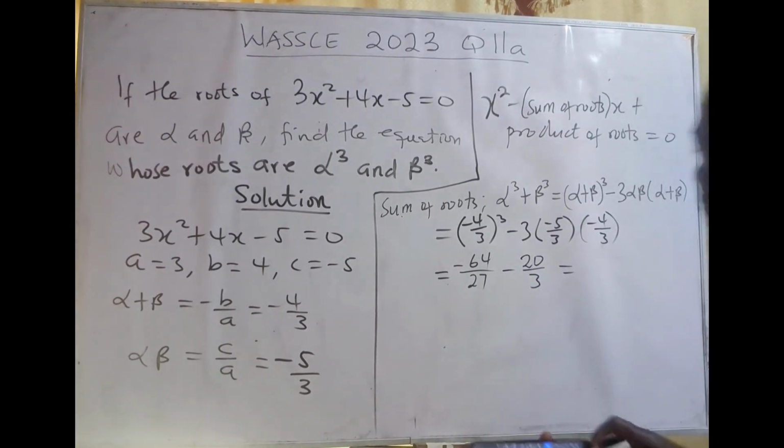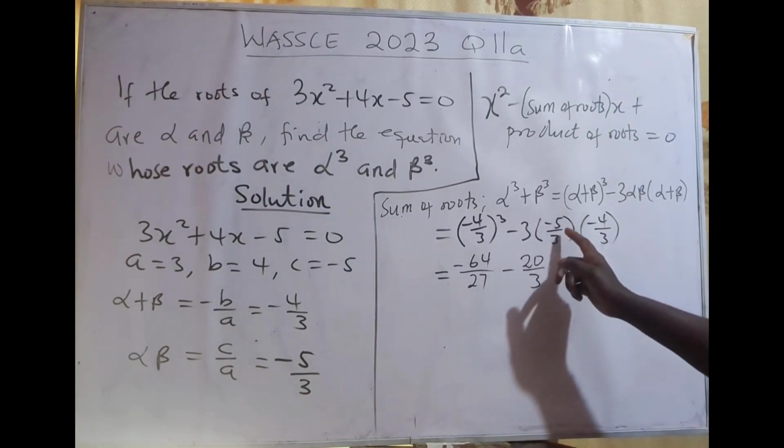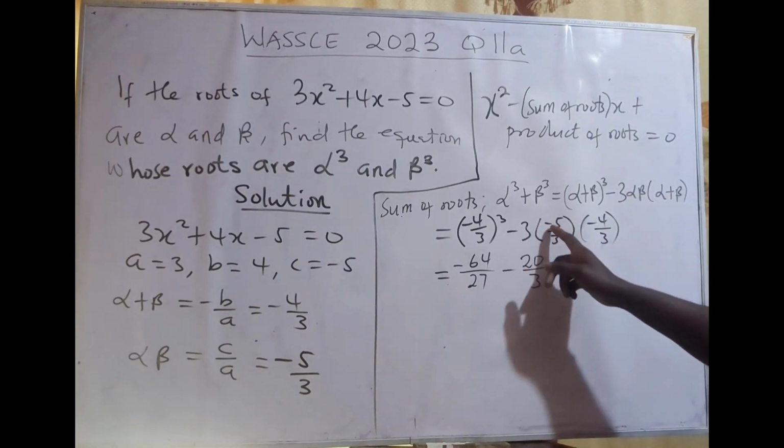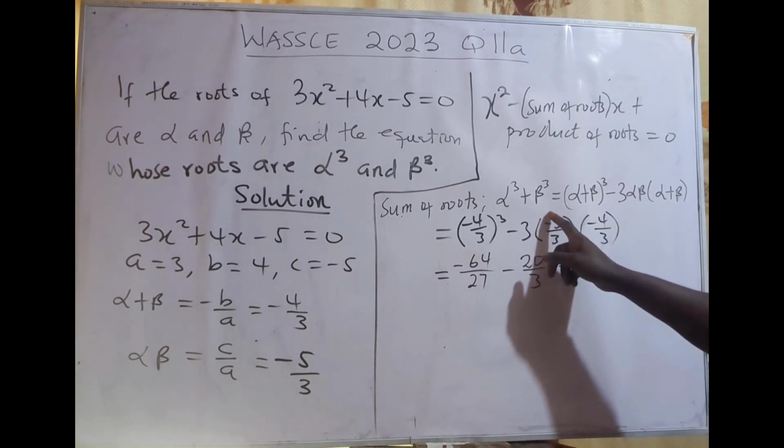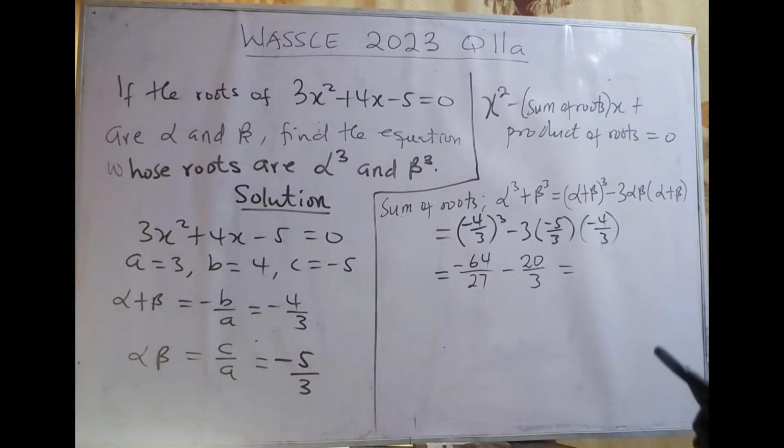So the negative 3 can take off this 3, so that negative, and we have positive 5. 5 times negative 4 will give minus 20 divided by 3. All right, so now I have minus 64 on 27, minus 20 divided by 3.